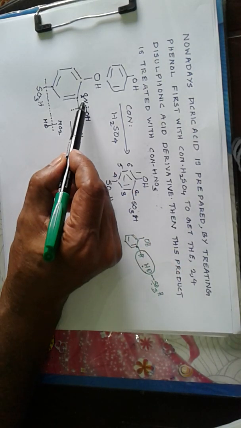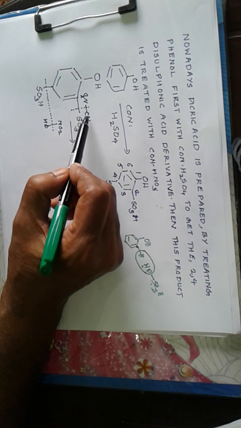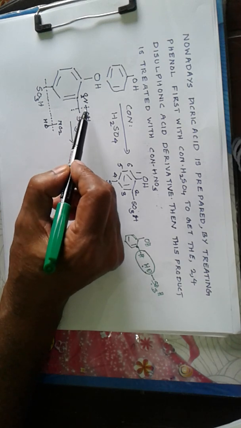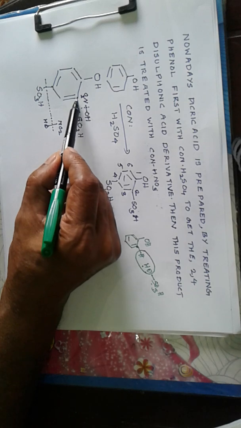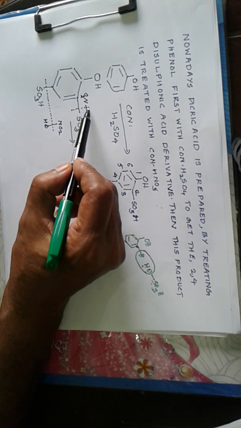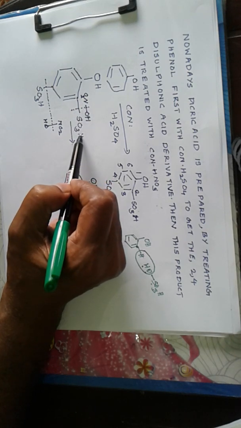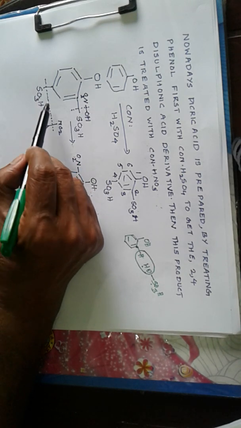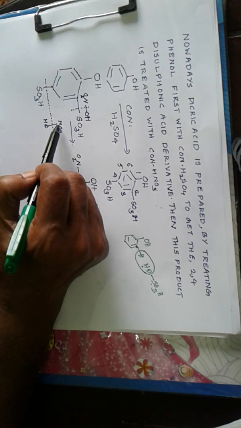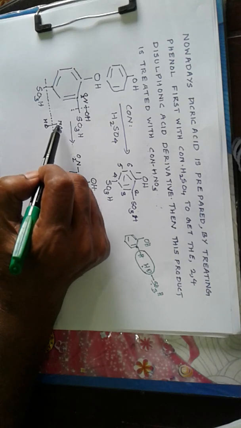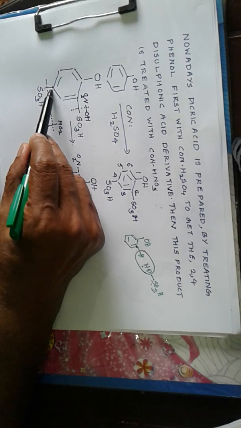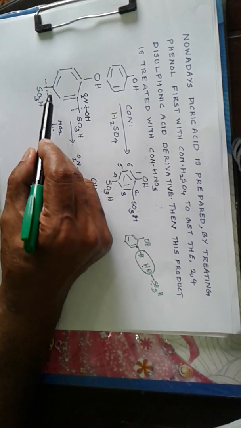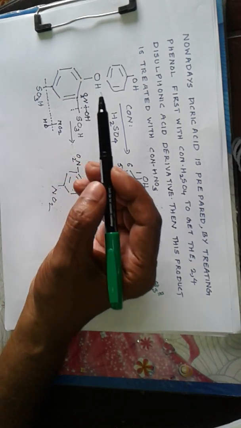the nitric acid molecule splits as OH and NO2, and the NO2 part combines with the ortho position here, and H2SO4 is removed. Here also this bond breaks. Nitric acid splits as OH and NO2, and the NO2 part connects to the para position.